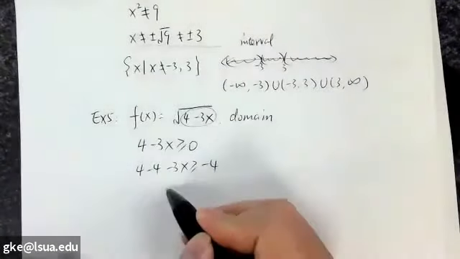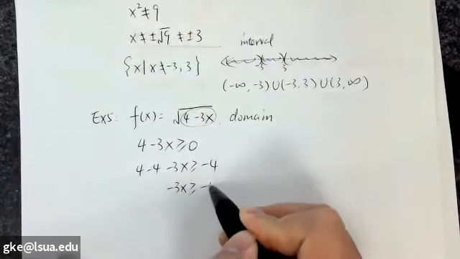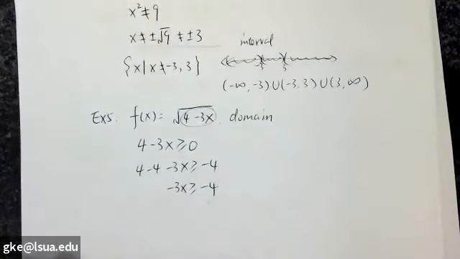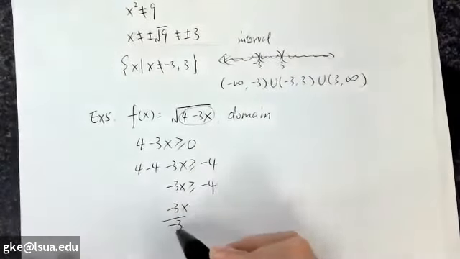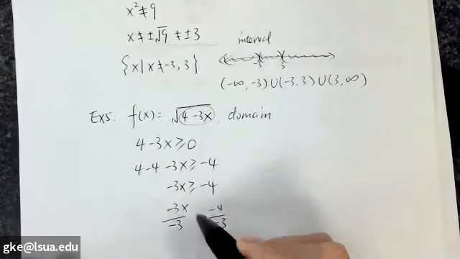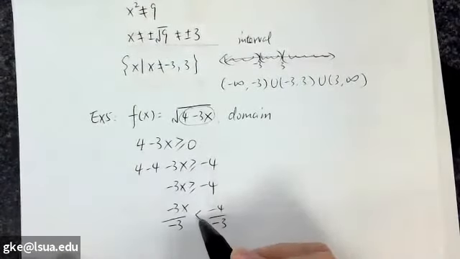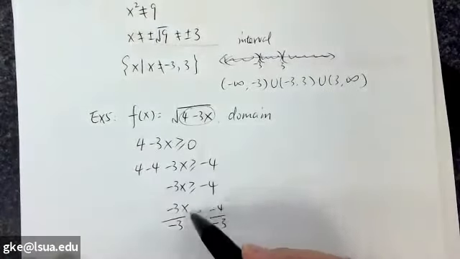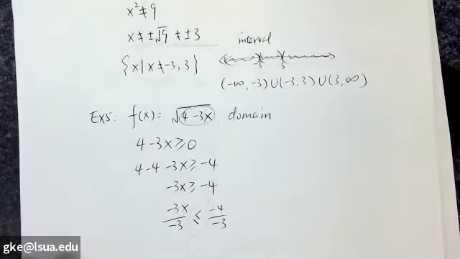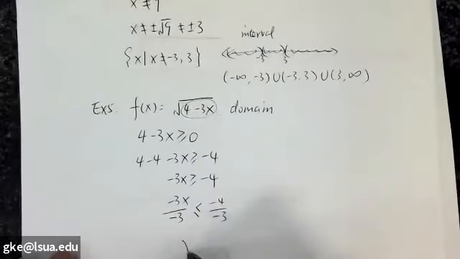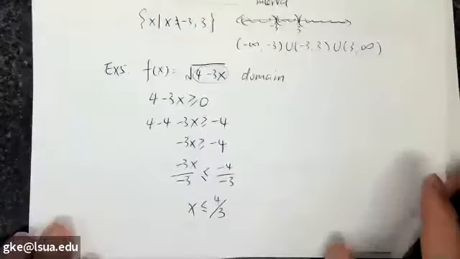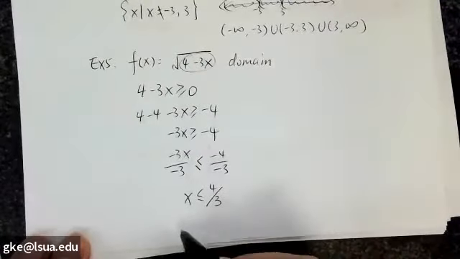Cancel out. Negative 3x is greater than or equal to negative 4. Now be careful. Here we need to divide by negative 3 on both sides, and then we need to change the sign, because we divide by a negative number. So what are we gonna get?